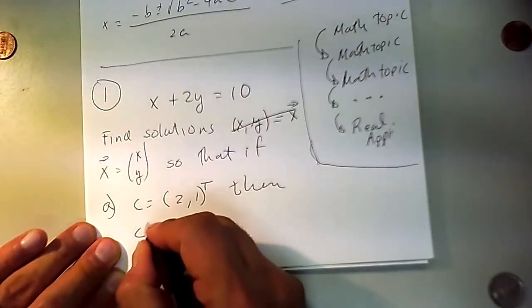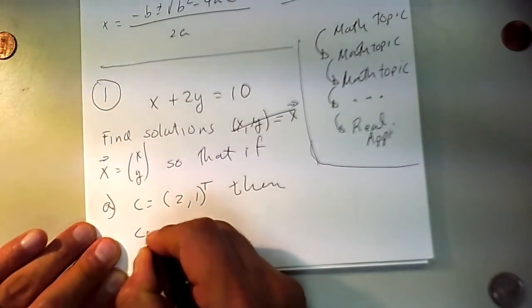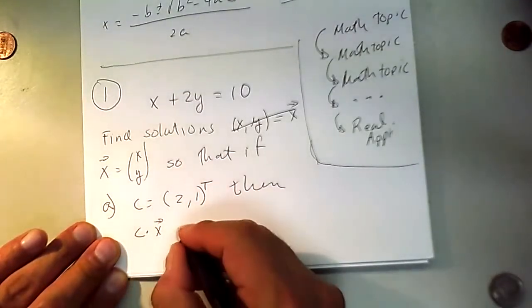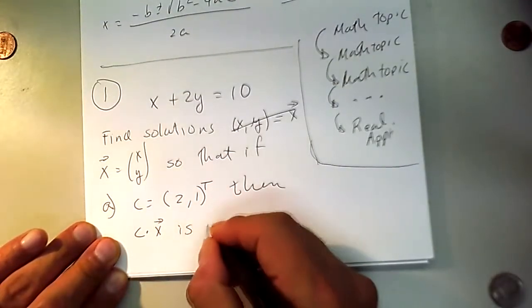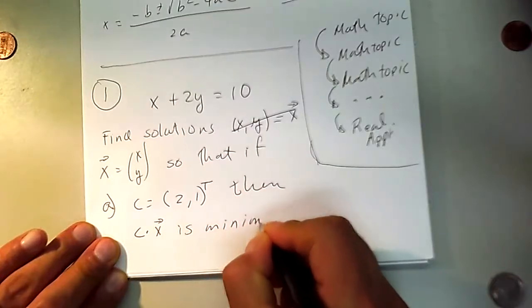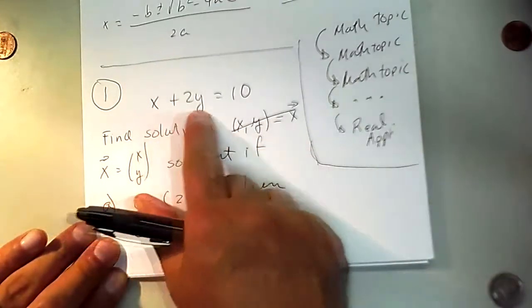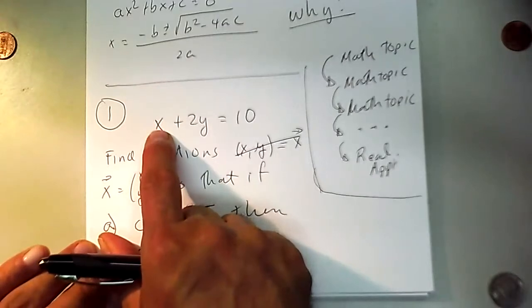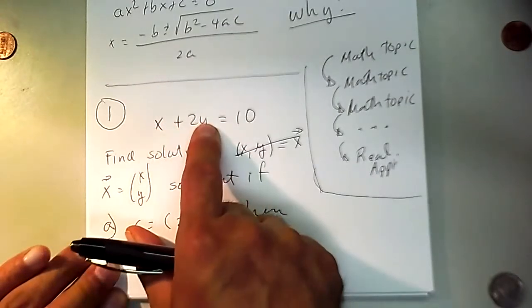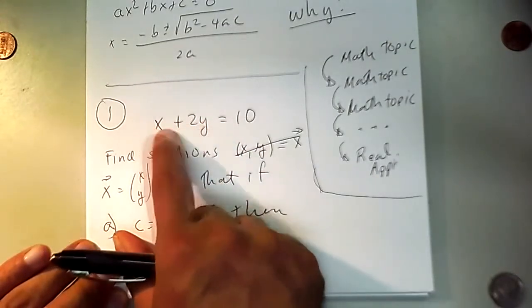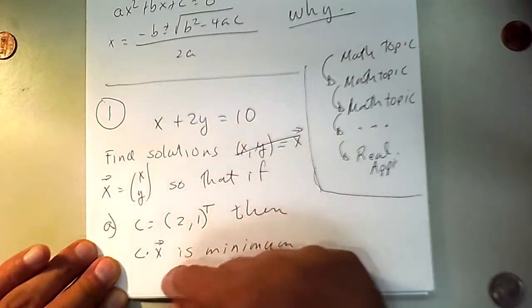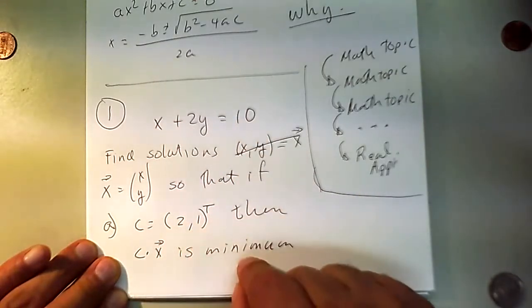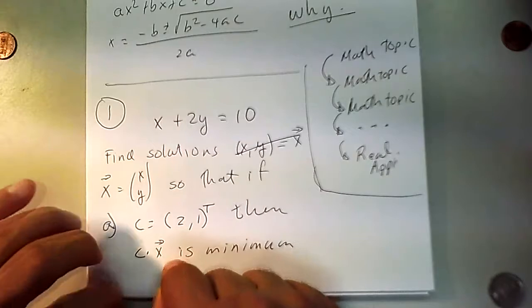So c dotted with x, yep, c is a vector, is minimum. See, there's hundreds of solutions. So for instance, if x is 2, then y can be 3, and then you get a solution. But that doesn't necessarily minimize c dot x.